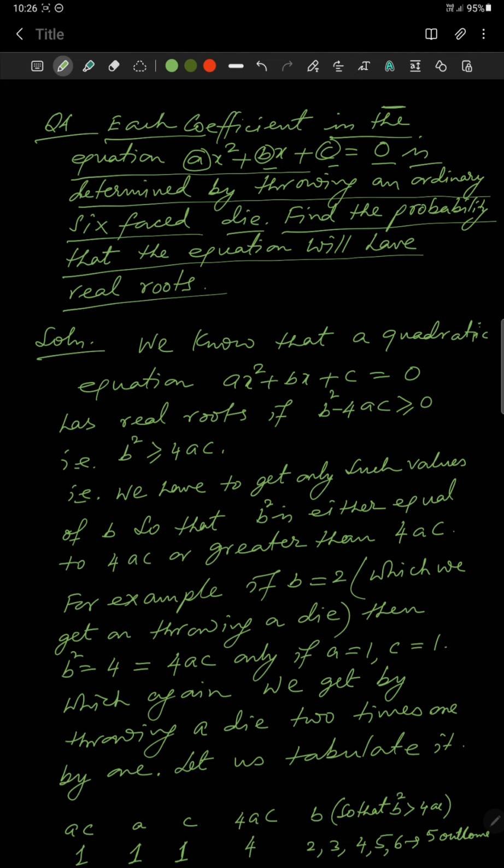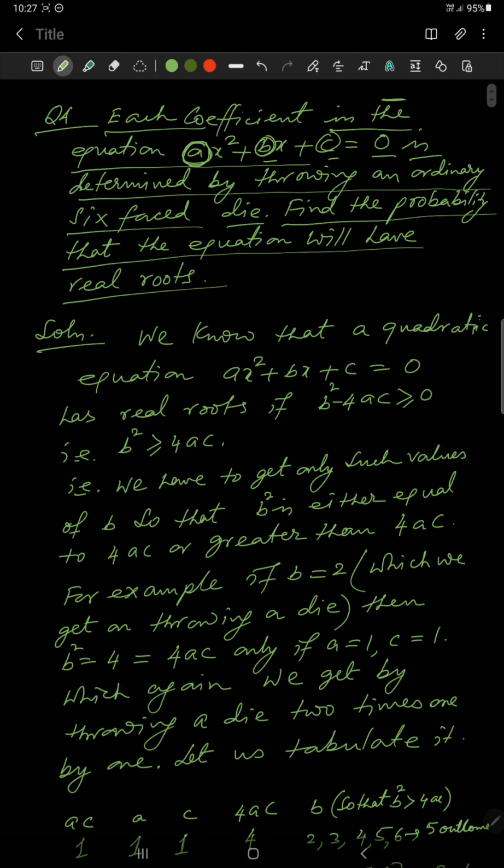First of all, try to understand what the question is about: the throwing of a die and the relation between a, b and c. It means if you have to find the value of a, you throw a die so that either 1, 2, 3, 4, 5 or 6 comes. In the same way, throwing a die for b gives 6 outcomes, and similarly for c, 6 outcomes.